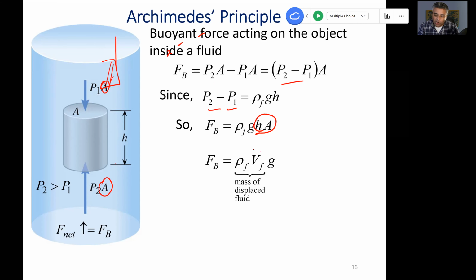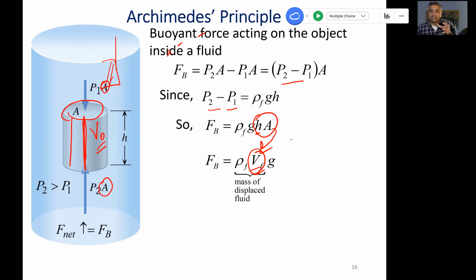Here it says volume of the fluid, and here this was the object, right? And here I am assuming that the volume of the object is the same as the volume of the fluid. So see, this h is the height of this object and A is the area of the cylinder, right? So this is the volume of the object, and I am assuming that it is the same as the volume of displaced fluid.